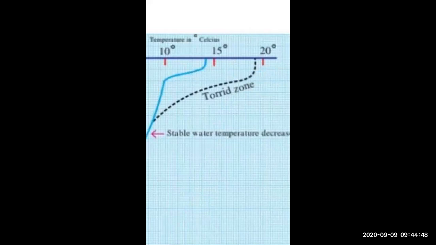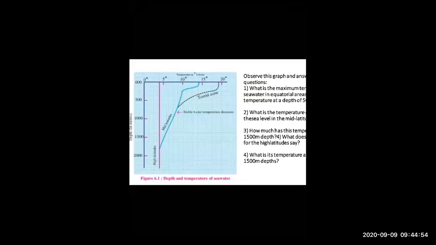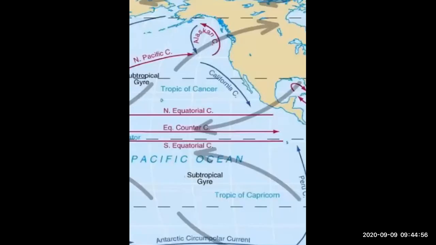So, equatorial area toward the pole: the average temperature of seawater in the equatorial area is 25 degrees Celsius, and it is 16 degrees Celsius in the mid latitude region. Again I am showing you, just look over this, the mid latitude region.